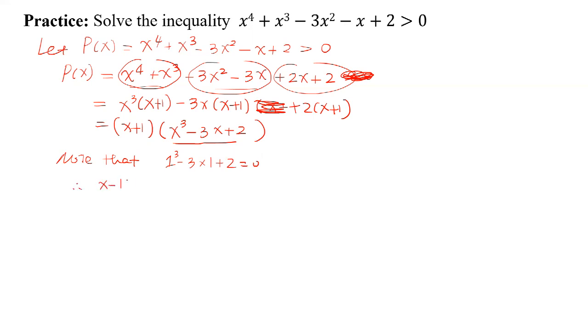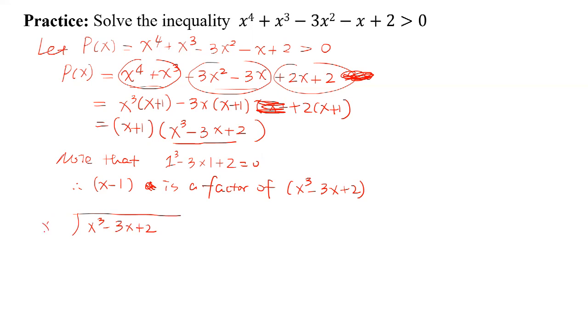So x minus 1 must be a factor of x cubed minus 3x plus 2, right? So we can use the long division to find the other factor.